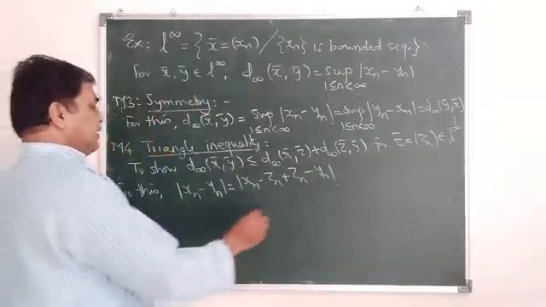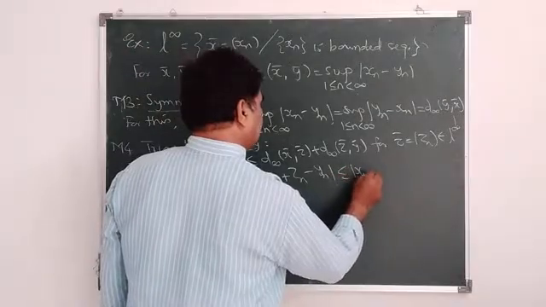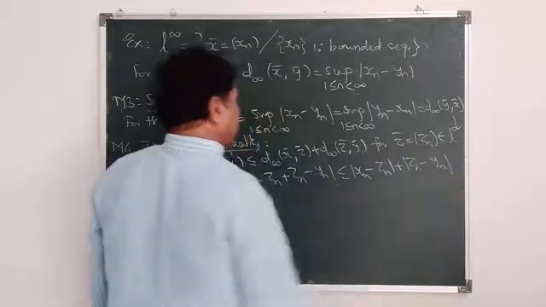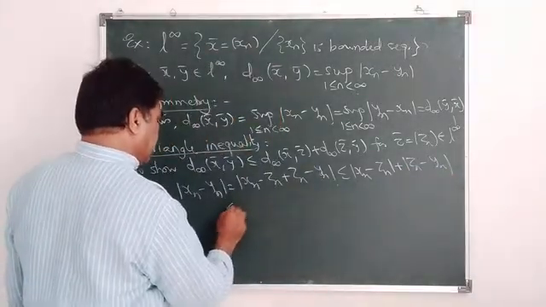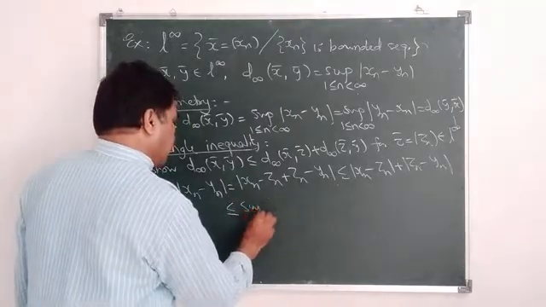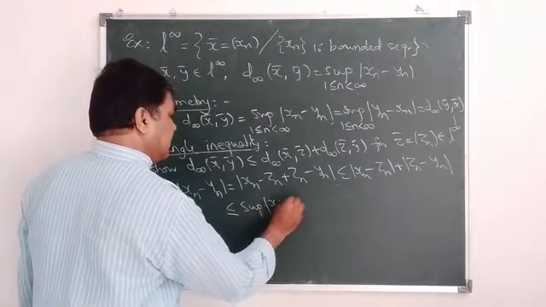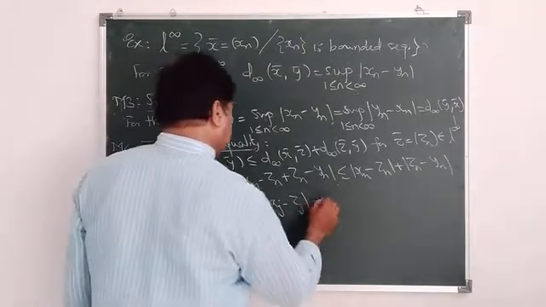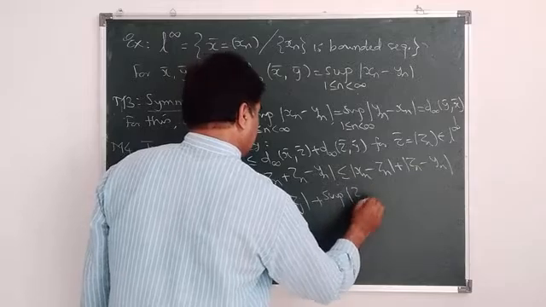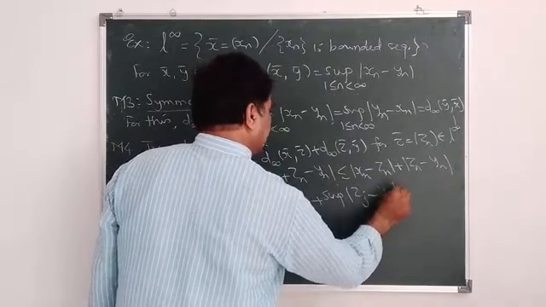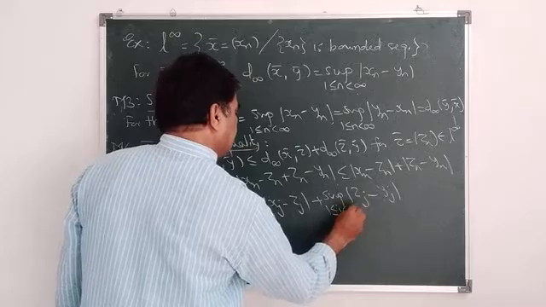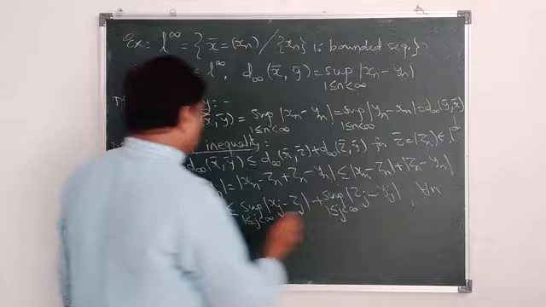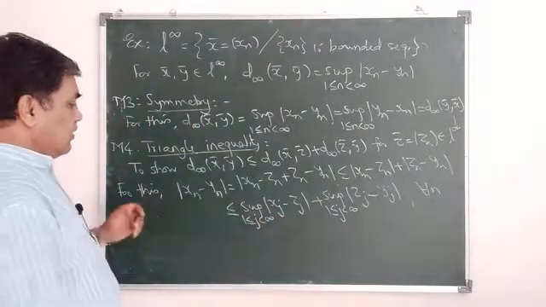Then by triangle inequality, this is less equal mod xn minus zn plus mod of zn minus yn. Then this must be less equal supremum of mod of xj minus zj, 1 less equal j less than infinity, plus supremum of mod of zj minus yj, 1 less equal j less than infinity, for every n, as we are not taking any restriction on the choice of n here.